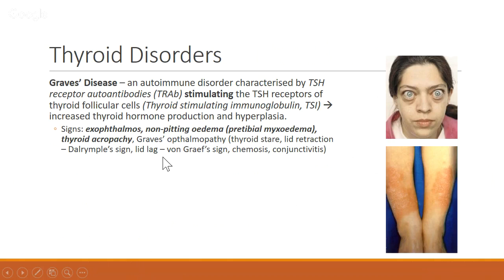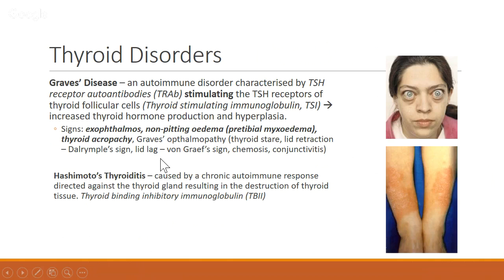Graves' disease. In both Graves and Hashimoto's, these are both autoimmune thyroid disorders, all right? And there's actually the same autoantibody targeting the TSH receptors of the thyroid follicular cells. Your thyroid follicular cell has receptors for TSH to bind to affect its function, and in both Graves and Hashimoto's, there are these TSH receptor autoantibodies. However, they have different effects on the thyroid gland itself.